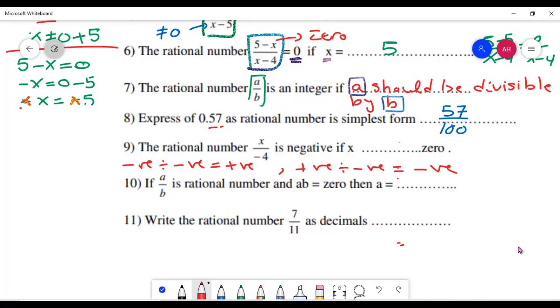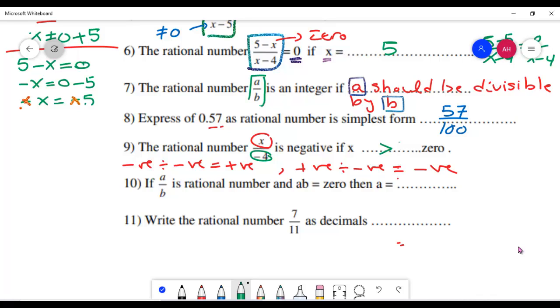So here, he wants x over negative 4 to be a negative number. I already have my denominator as a negative number. So, in order to have the answer negative, I must have x as a positive number. To have x as a positive number, I want all the numbers that are greater than 0. So in other words, x is greater than 0.